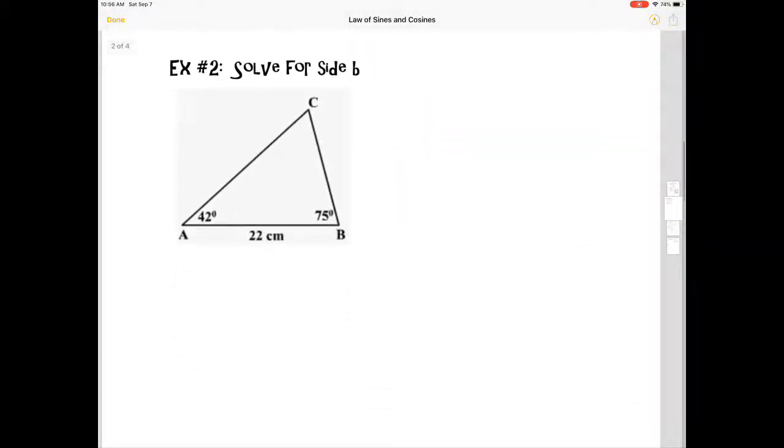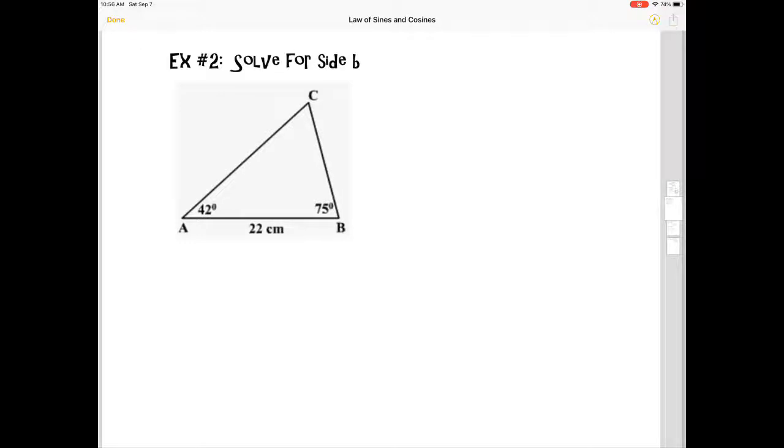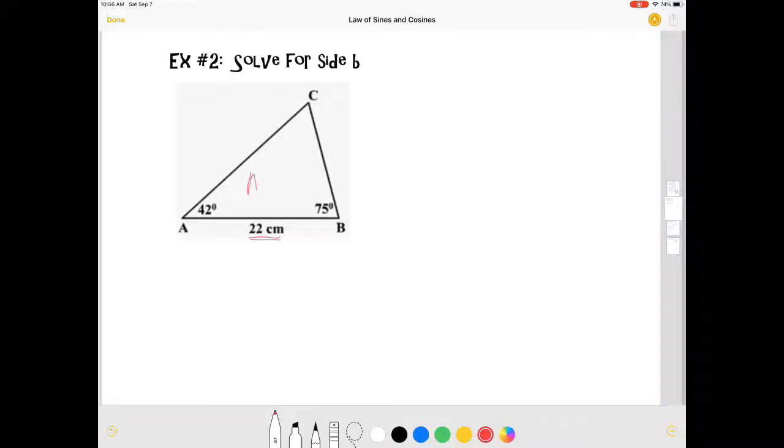Example number 2, let's solve for side B in this triangle. First thing though, I do want to take a look at the fact that it's not a right triangle, and also I know two angles and this side right here, which looks like it's between the two angles. So this is the angle, side, angle case.